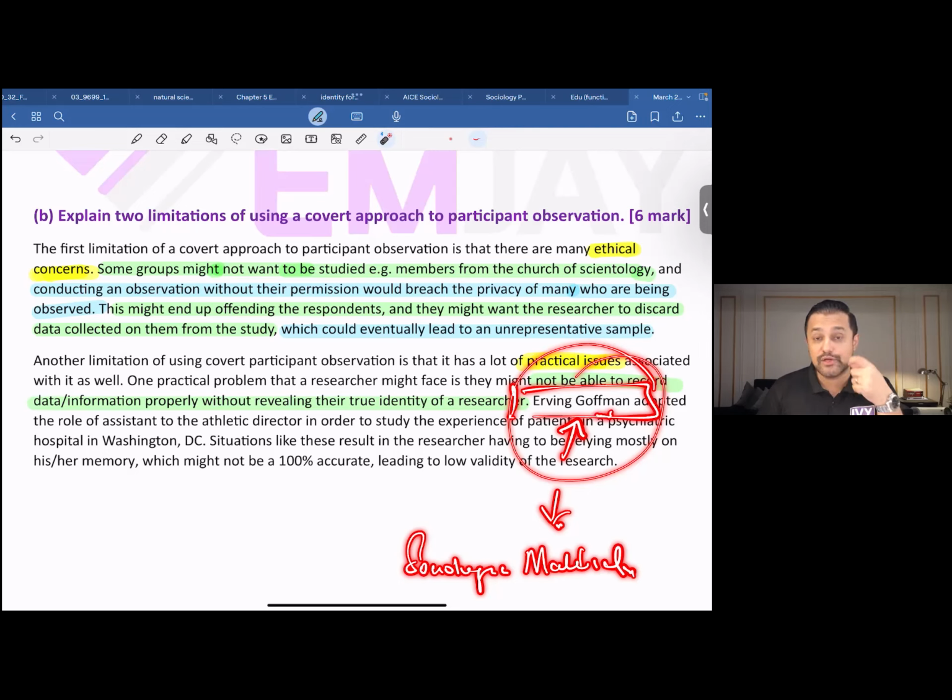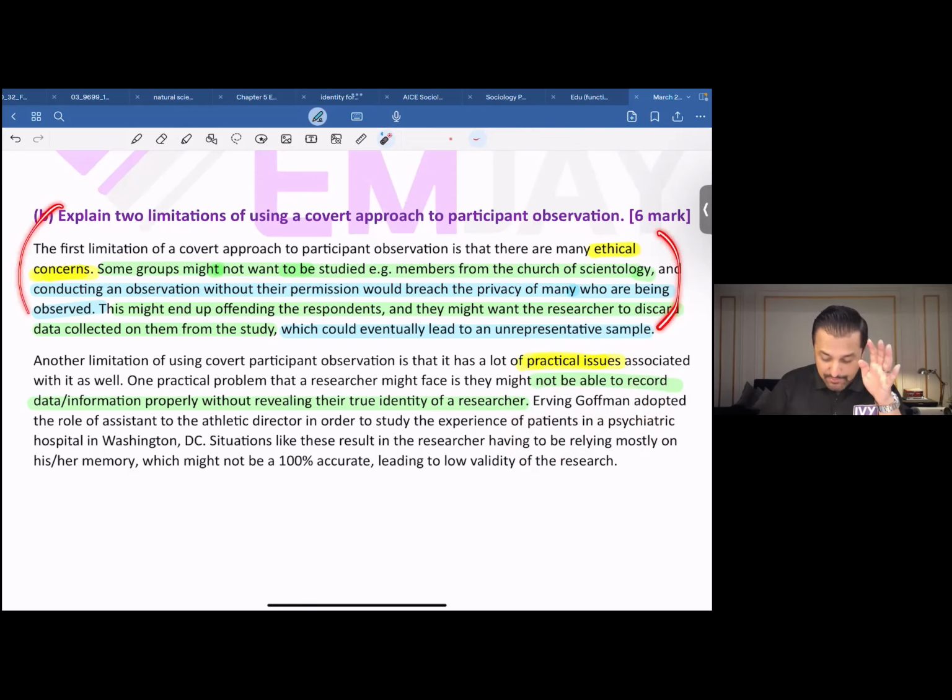It could be a concept, a theory, a perspective, anything sociological, which also includes the name of a sociologist. It could be any sort of empirical evidence, any sort of statistics. All of this counts as sociological material, right? In the first paragraph, we chose deliberately not to add a name, and in the second paragraph we chose to add a name just to show you that it is okay not writing a name too. As long as you bring in sociological material, it doesn't necessarily have to be the name of a sociologist.